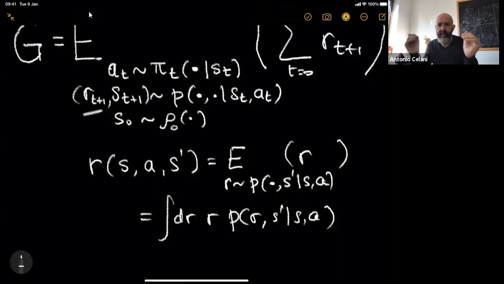The way that rewards are distributed has a strong influence on learning, because if your rewards are deterministic, then you just need one shot to learn what the mean value is. But if it's highly noisy, you will need to average over many things. But since now we know everything, we don't need to sample. And since we don't need to sample, we don't need to carry over all the information about the probability distribution, as long as our focus is on average values.